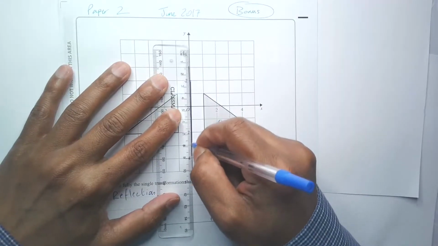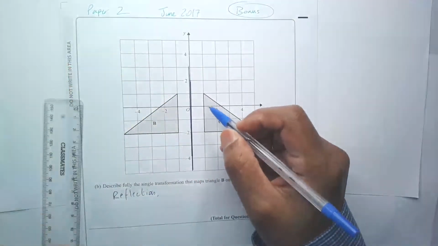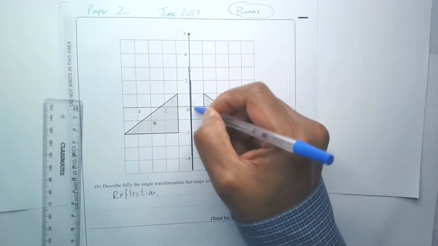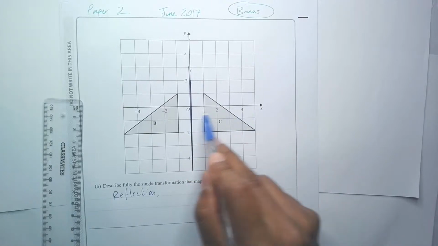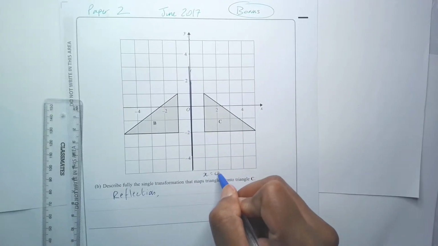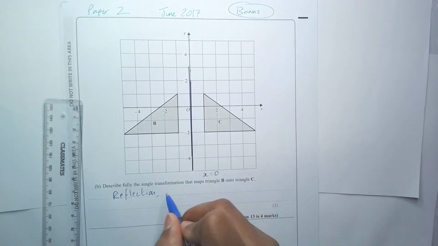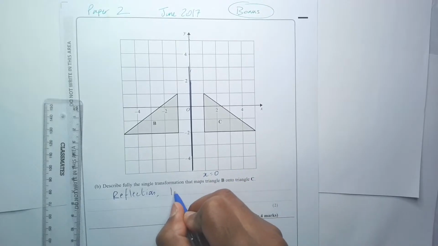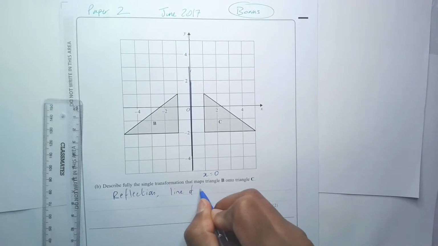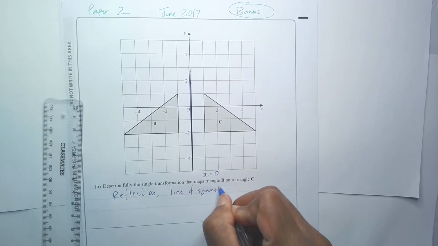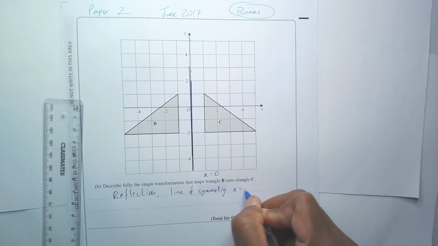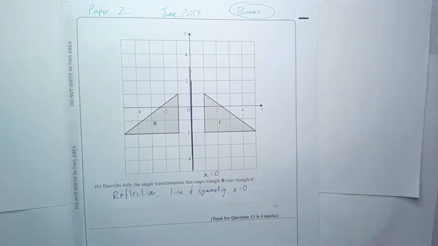Okay, and this is a straight line, and you can see every single point here, the x coordinate is equal to 0. So we can write line of symmetry x equals 0.